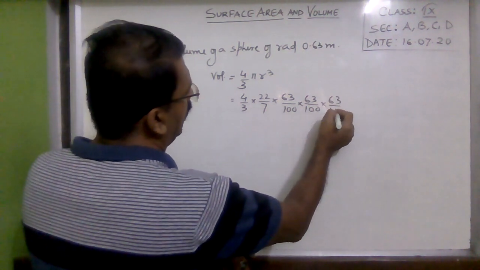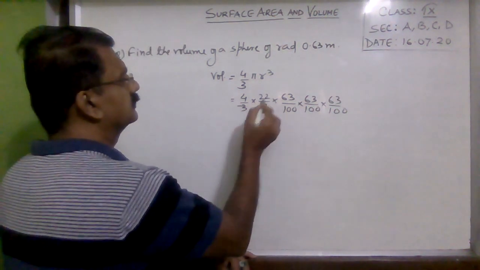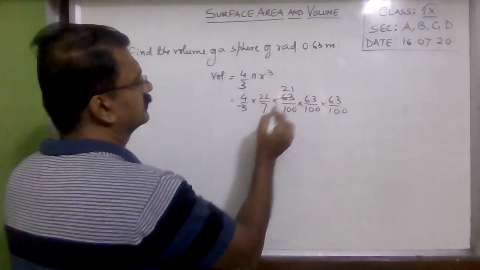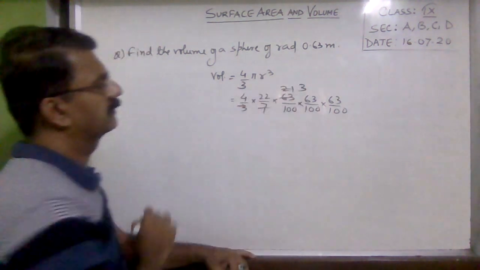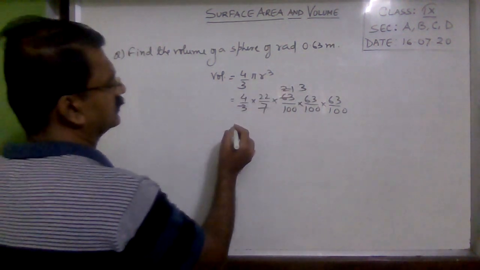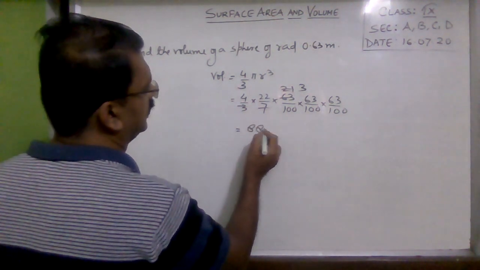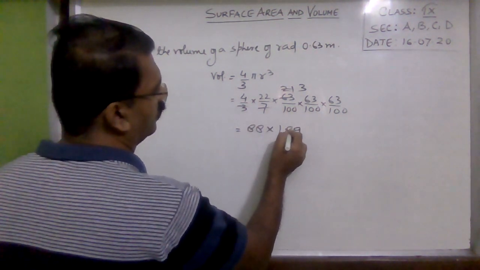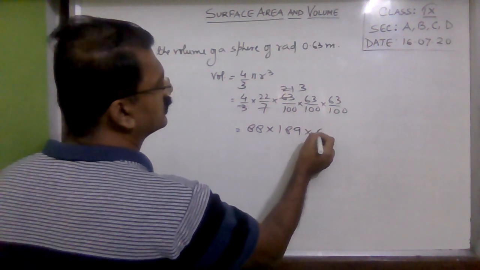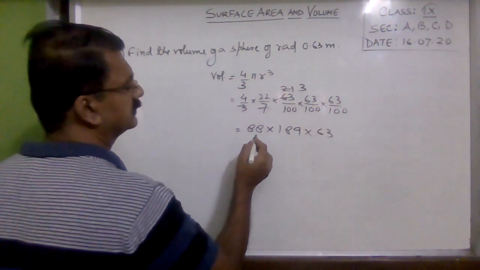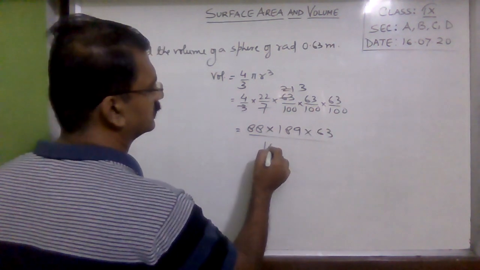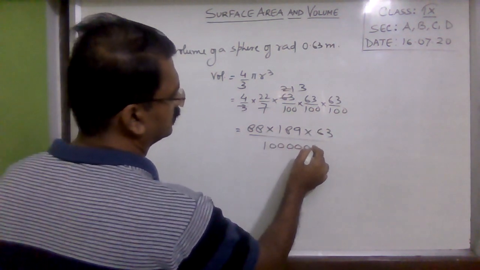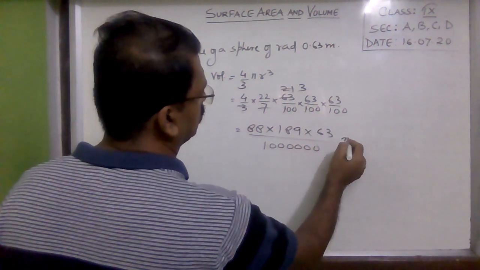Clear? Now, like this, 88 into 189 into 63 meter cube.